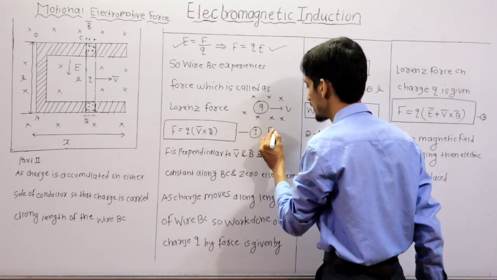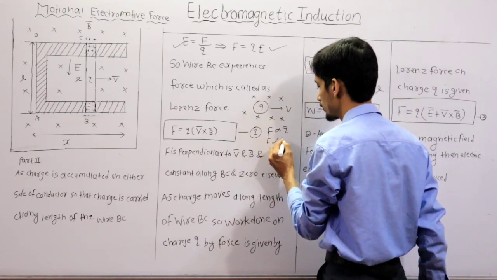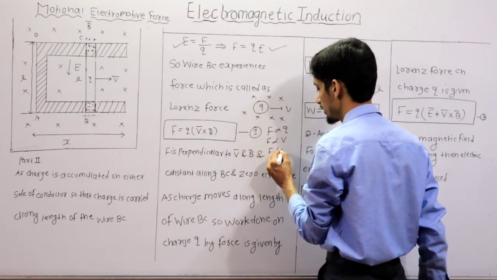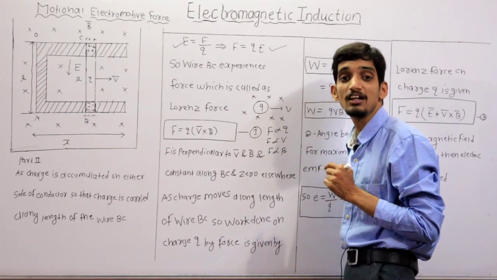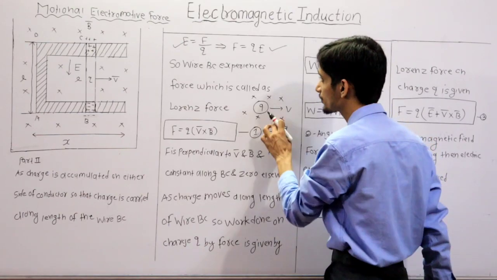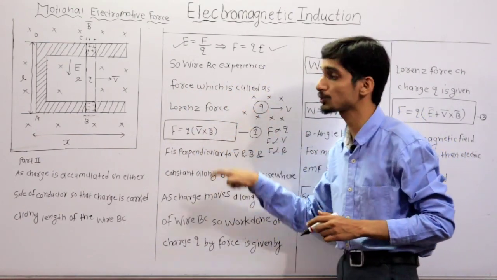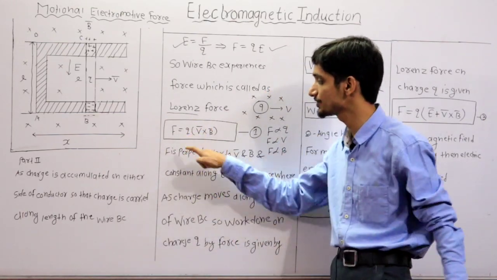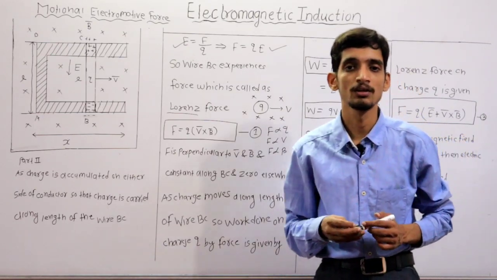That force is proportional to the magnitude of charge, proportional to velocity, and proportional to the magnetic field. That's why this force is given by, this wire experiences a force which is called the Lorentz force, which is F is equal to Q V bar cross B bar.